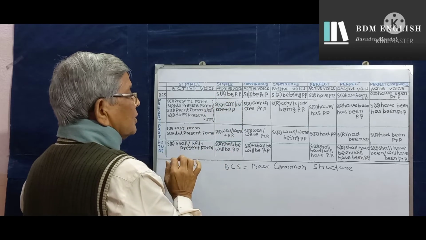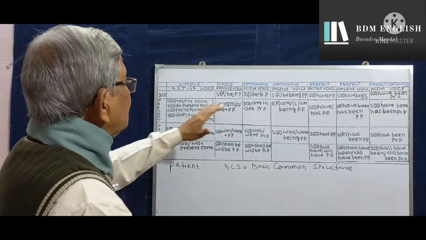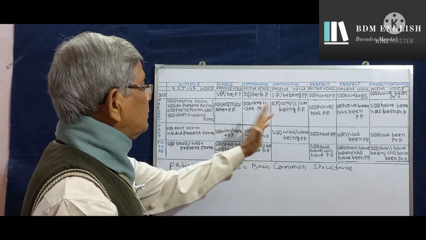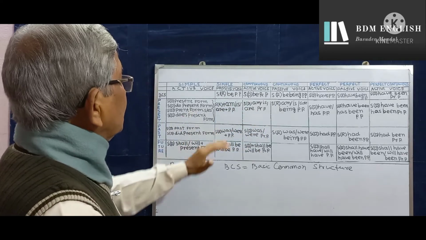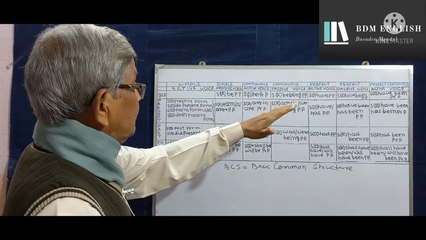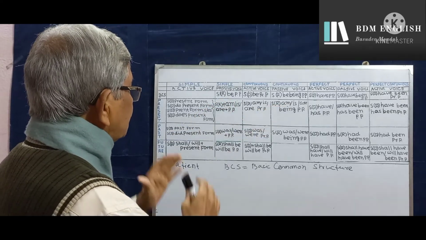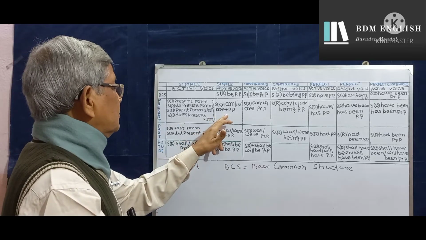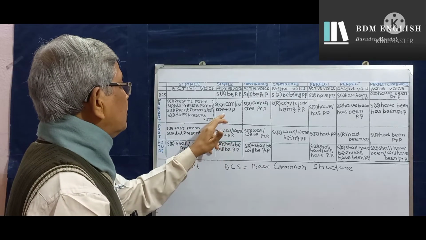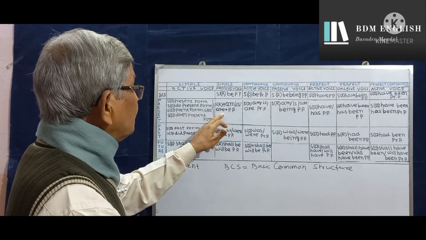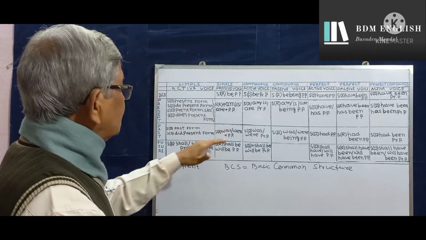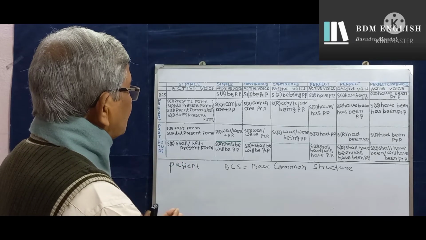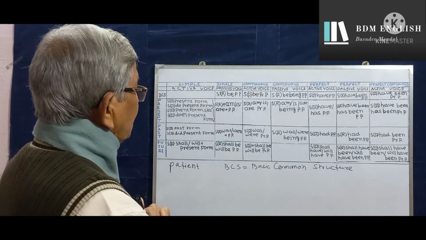So, we use this basic common structure in all the times. Only the first helping verb changes its own forms. It takes different forms for different times. For example, be takes the forms am, is and are in the present, was and were in the past, and we add shall or will to the basic common structure for the future.